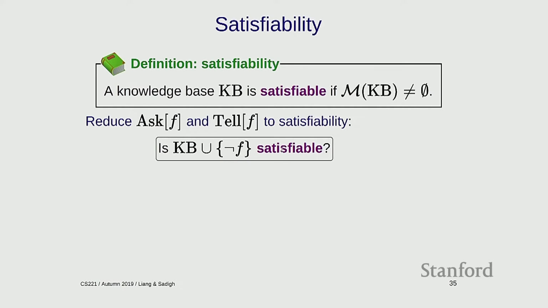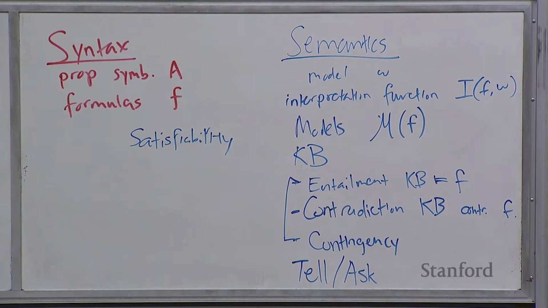Remember, the answer is no, so it's not satisfiable, which means that KB contradicts not F. And what is that equivalent to saying? Yeah, so it's not F. So which one of these should it be? Entailment, contradiction, or contingency?